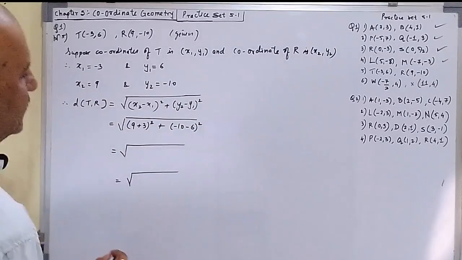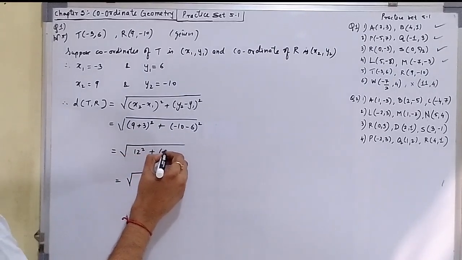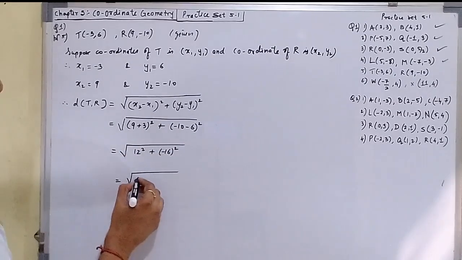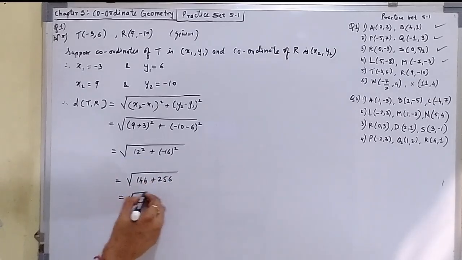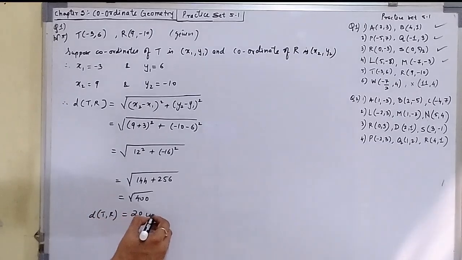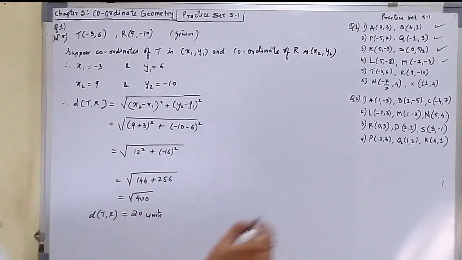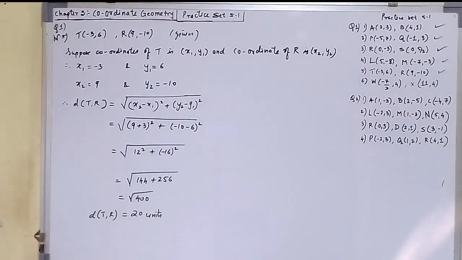This minus and plus is plus. 9 plus 3 is 12 square plus -16 square. 12 12s are 144 plus 256, this comes to 400. So distance T comma R is 20 units. So fifth is also completed. Now we are going for the sixth question.